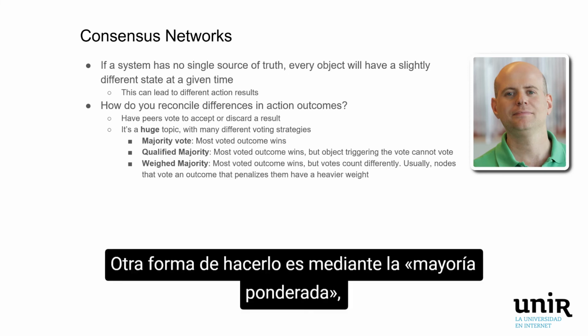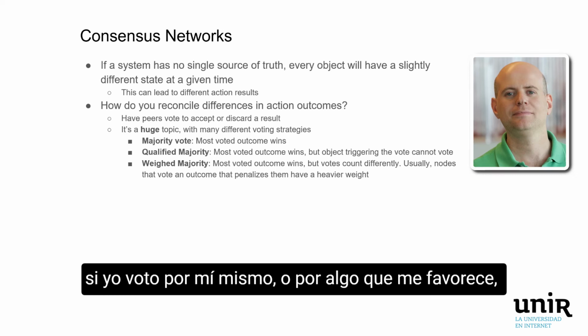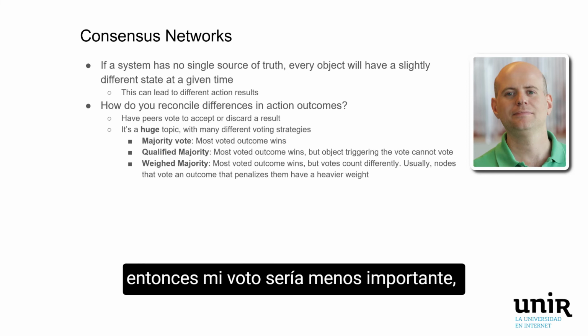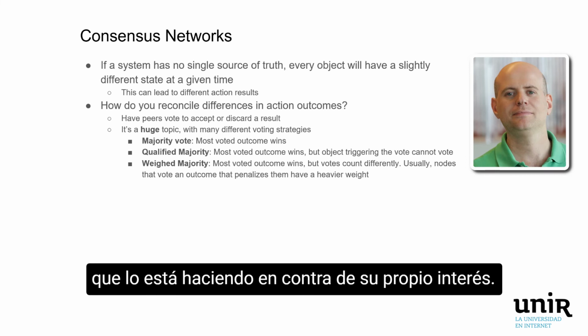And another way is the weighted majority, where all the votes have a weight, and this weight usually depends on who is favoring themselves. Basically, if I am voting for myself for something that advantages me, then my vote is worth less than the vote of someone that is voting against their own interest.